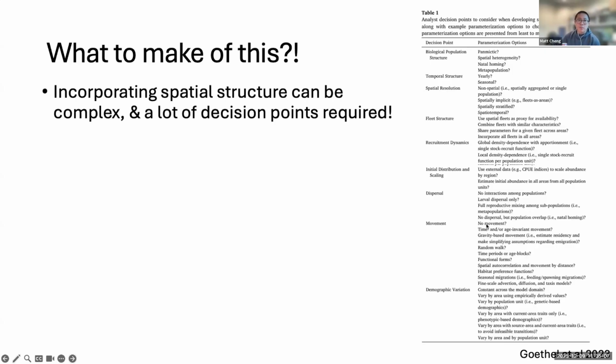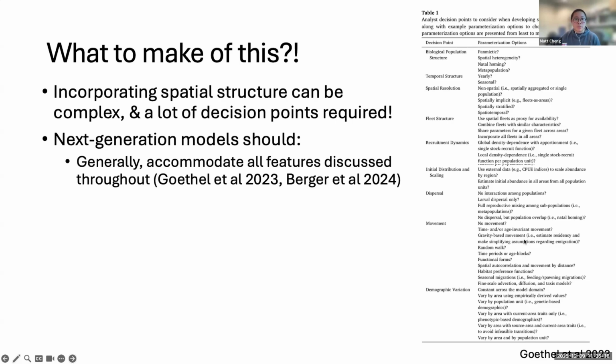There are a lot of decision points, and incorporating spatial structure can be very complex. In general, I think some of our next gen models should at least attempt to accommodate all of the features discussed in these two papers, as well as what I talked about previously.